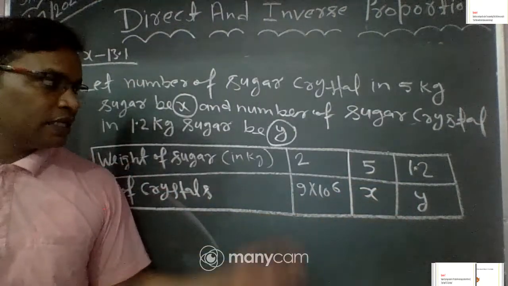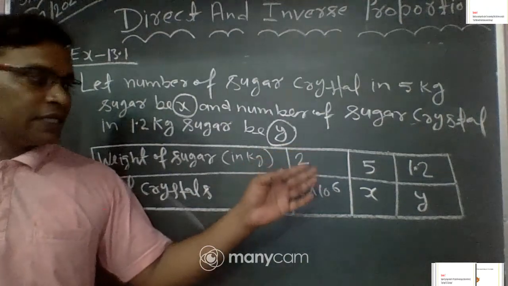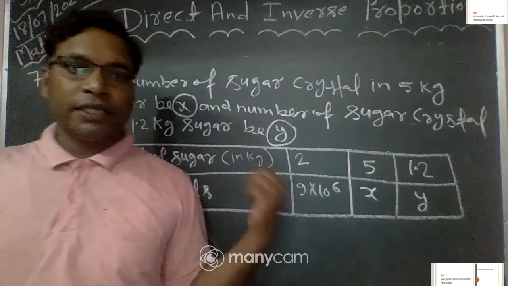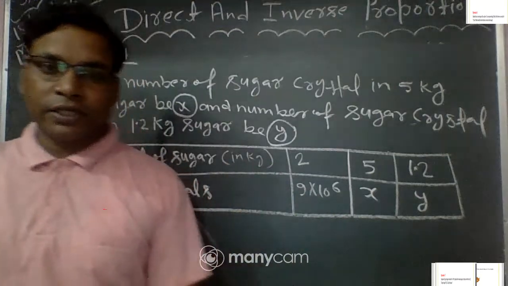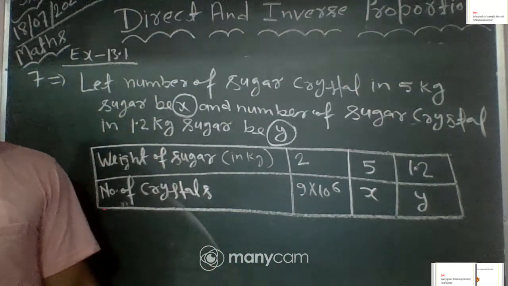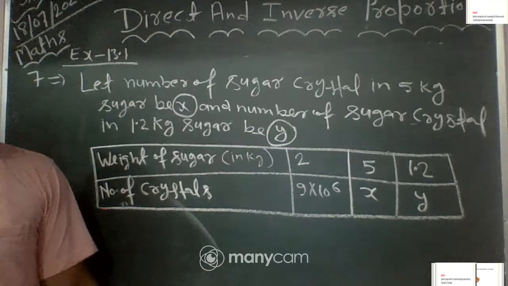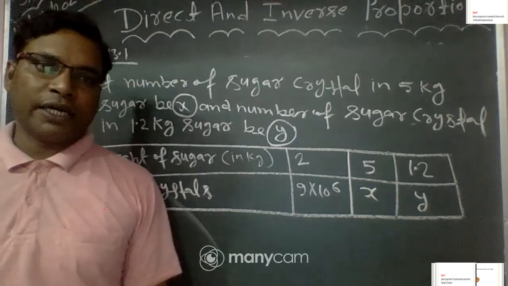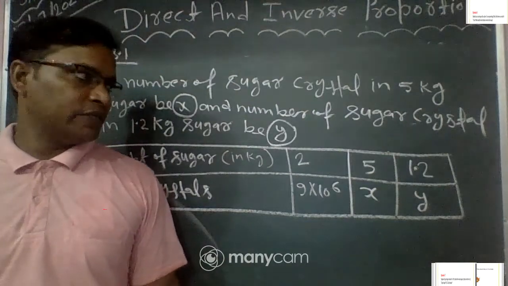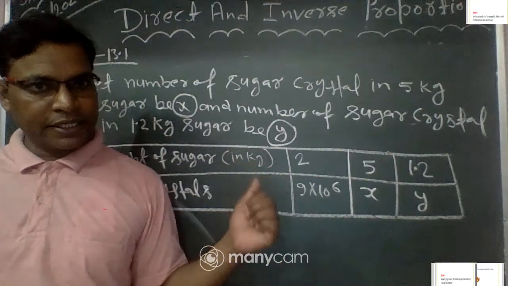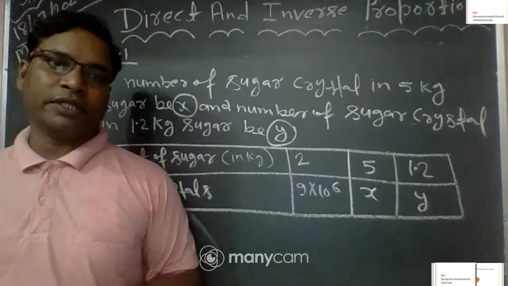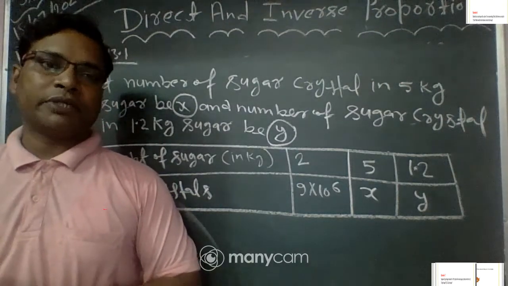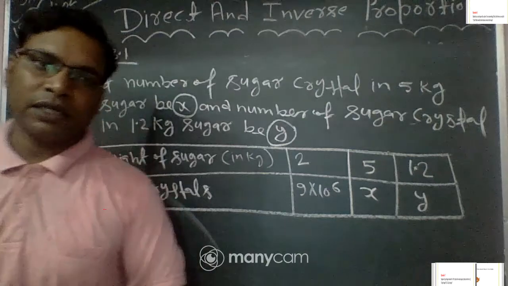You can see that when one quantity increases, the other also increases; when one decreases, the other also decreases. So you can say that the weight of sugar and the number of crystals are in direct proportion.